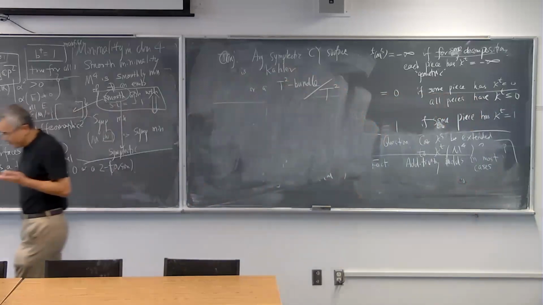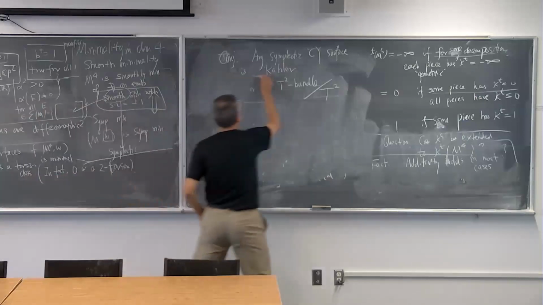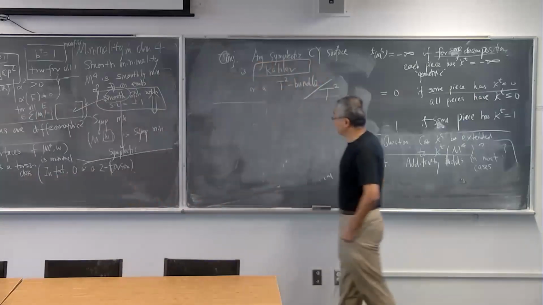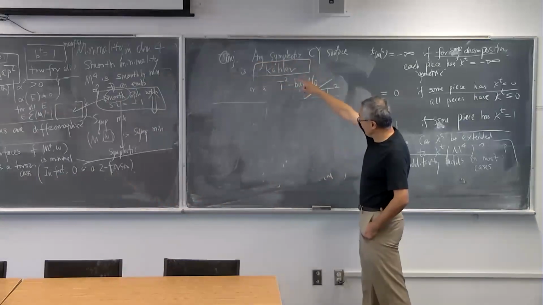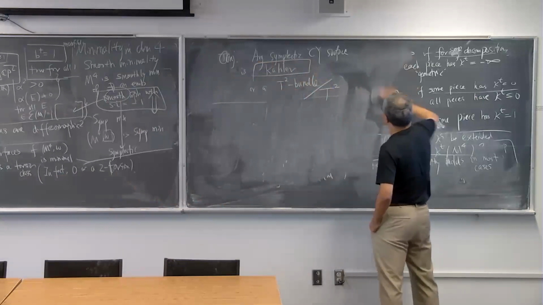So at least there's a conjectural list of 4-manifolds. So what are the 4-manifolds here in this category?